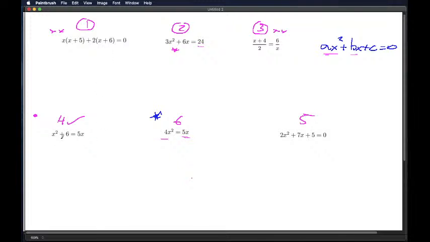Down here, the 6 is the constant number. Here, the 5 is the constant number. In this number 6, there's no constant number. So if you have this pattern on the test, you should put everything on the same side. So I should have 4x squared, and when I throw this over onto this side, it becomes minus 5x is equal to 0. All right, so that's the first thing.